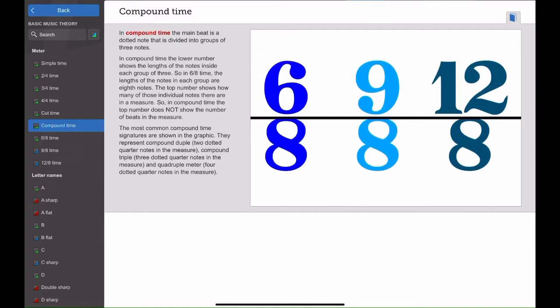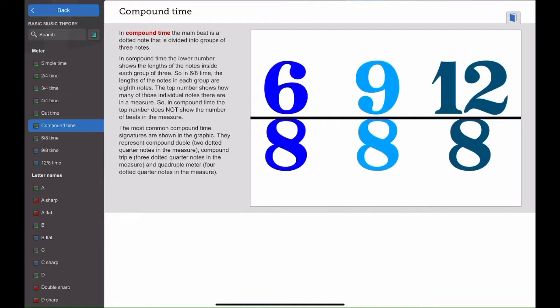Now 9/8 has 3 dotted quarter notes, and 12/8 has 4 dotted quarter notes. So in compound time, the top number does not show you the number of beats in the measure. That's a little bit different, and you have probably seen compound time very rarely, so this is how it works.